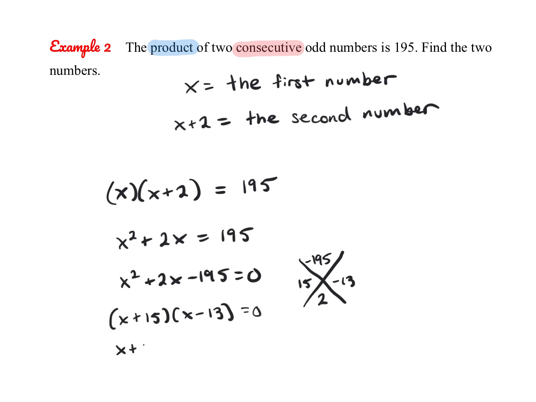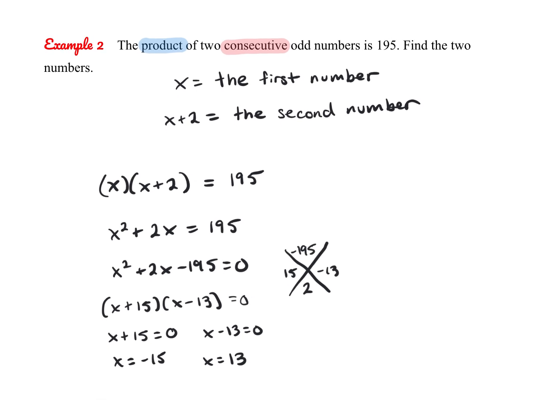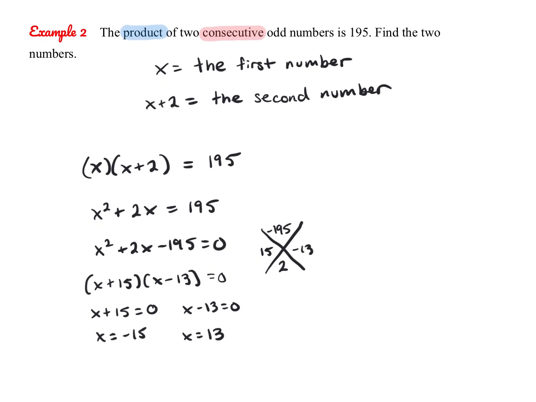Okay, and then a little zero product property will help us finish solving. So we have x equals negative 15 and x equals 13. Okay, so here again we have two sets of answers. Our answers are not negative 15 and 13. Remember, x only represents the first number.